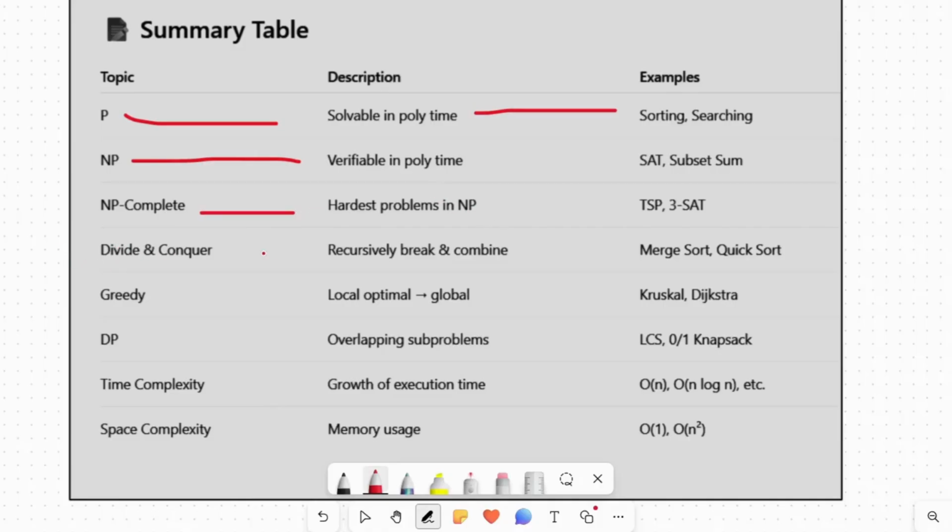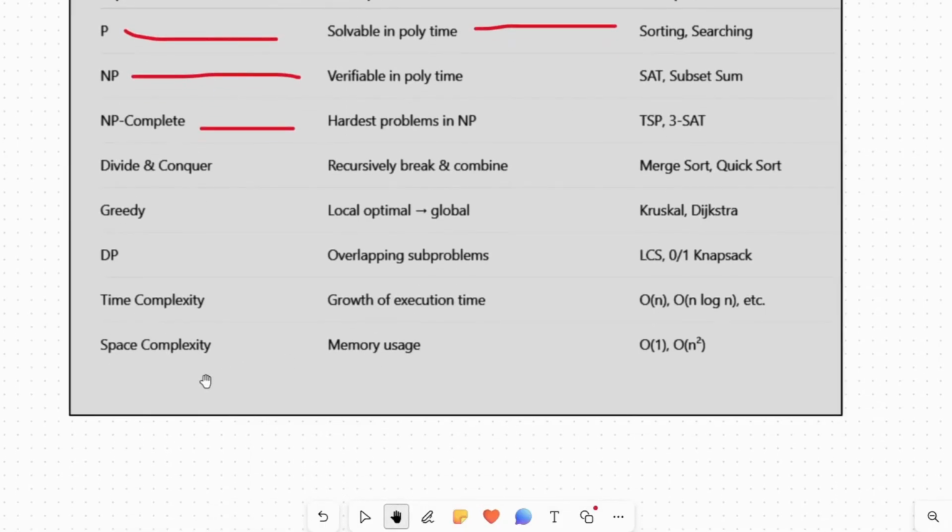Divide and conquer: recursively break and combine. Greedy: local optimal, global. Greedy algorithm chooses the best one at the present time. Dynamic programming: overlapping subproblems, then check for the best one. Time complexity: growth of execution time. Space complexity: memory usage.